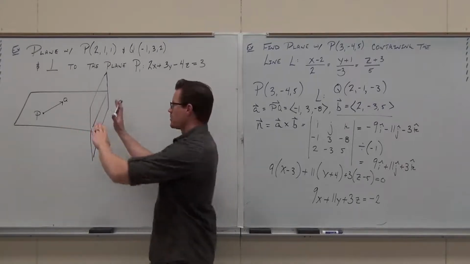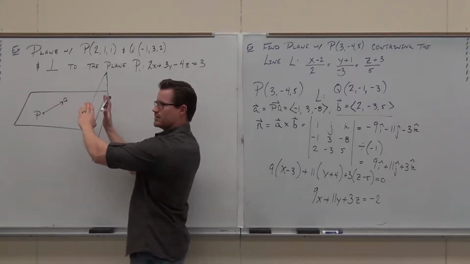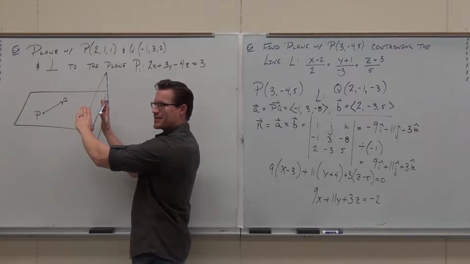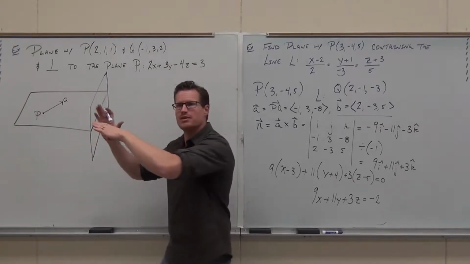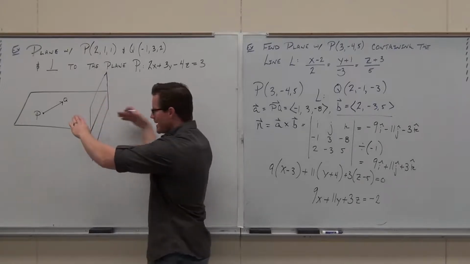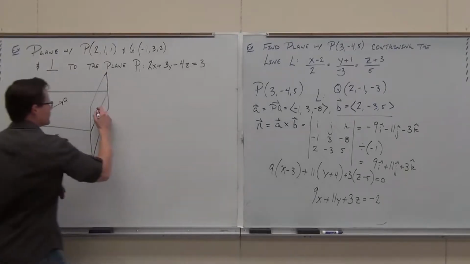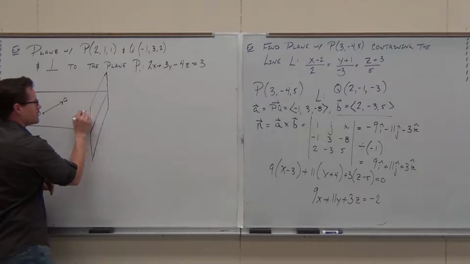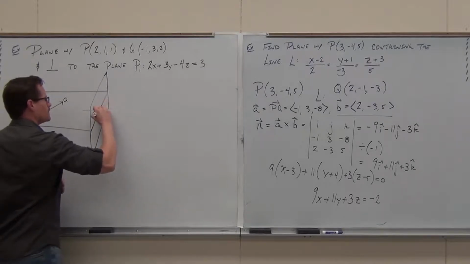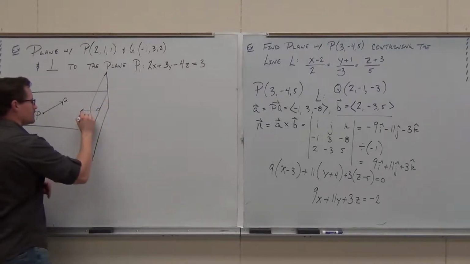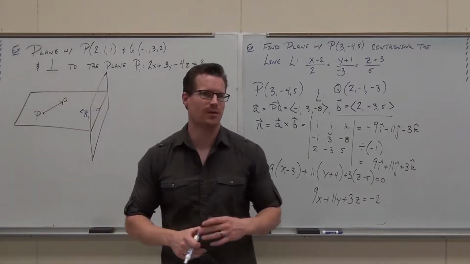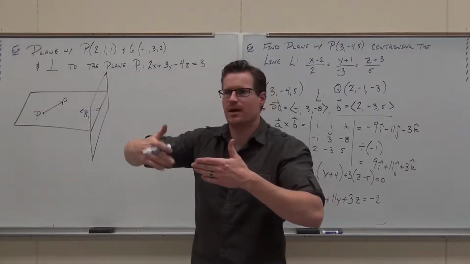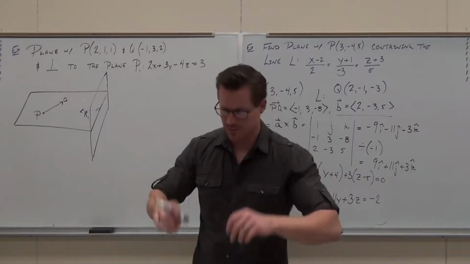So if the purple plane is perpendicular, purple perpendicular, I say that 3 times fast, to the black plane, the purple plane's got a normal. If it's perpendicular, then the normal to my purple plane has got to be in the black plane. The normal has to be contained in that. Well, it has to be at least parallel to that plane. It's got to be able to be put in that plane.